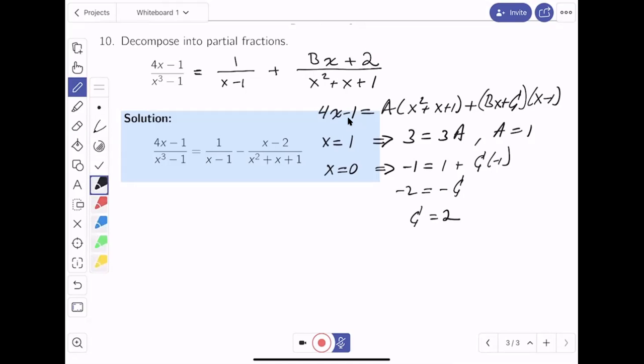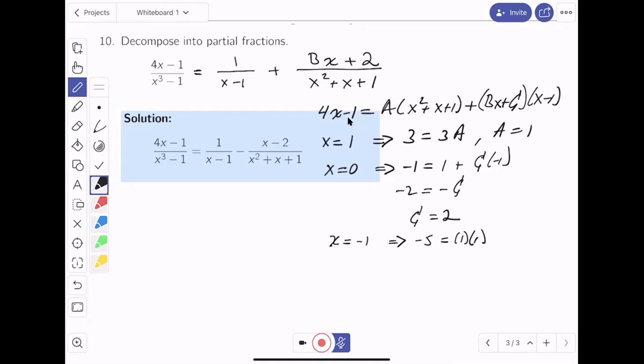All right, let's pick another value. I picked 1 and 0. I'll pick -1. You get -4 minus 1 is -5. And then I believe A is 1, right? And let's see. If you have -1, you get 1 minus, well, 1.